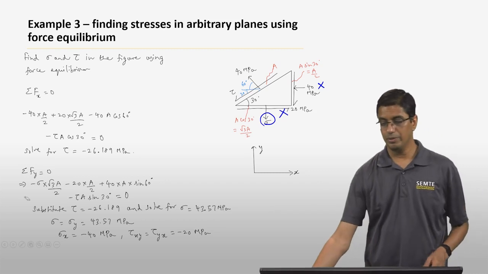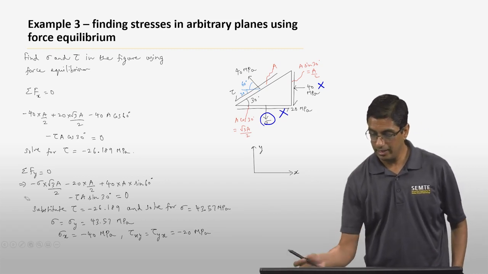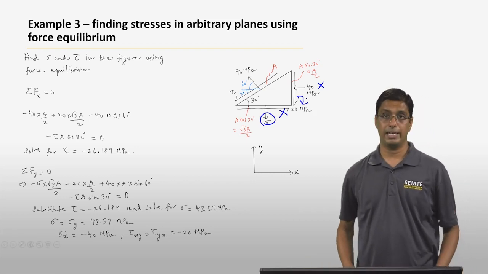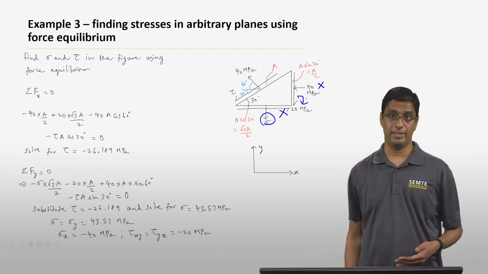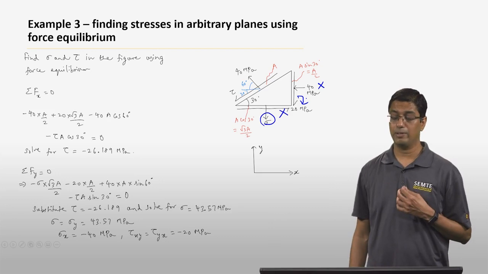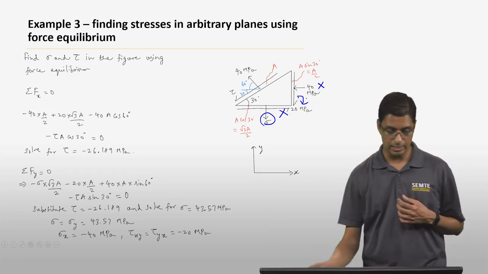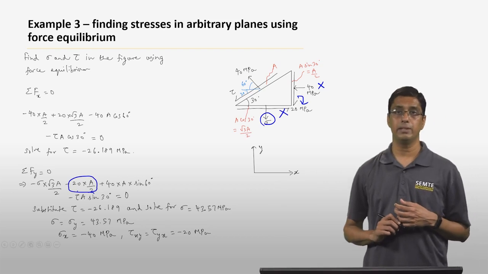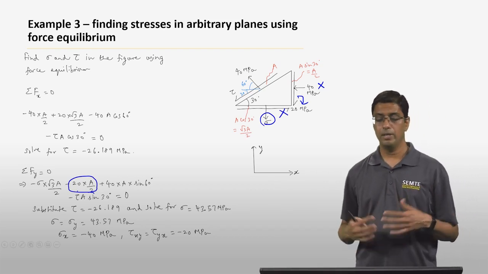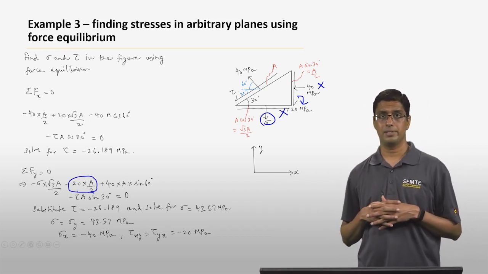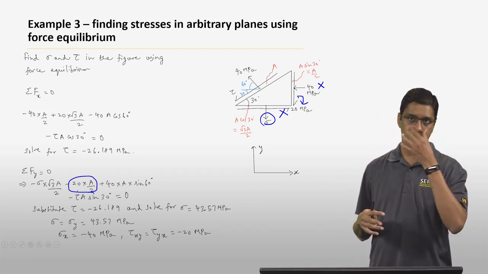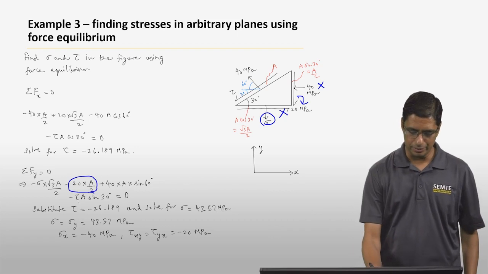Now you look at the stress here, the tau xy, which is also in the minus y direction, and that acts over an area a over 2, and that's how you get this term. And you do the same thing for the two stresses, 40 MPa and tau, which is acting on the inclined plane, and you essentially get these two terms here.